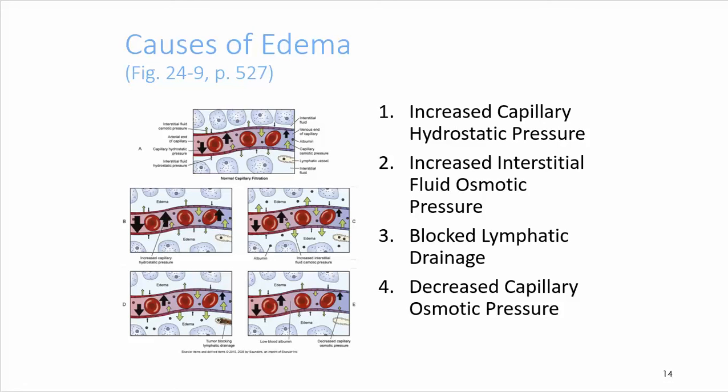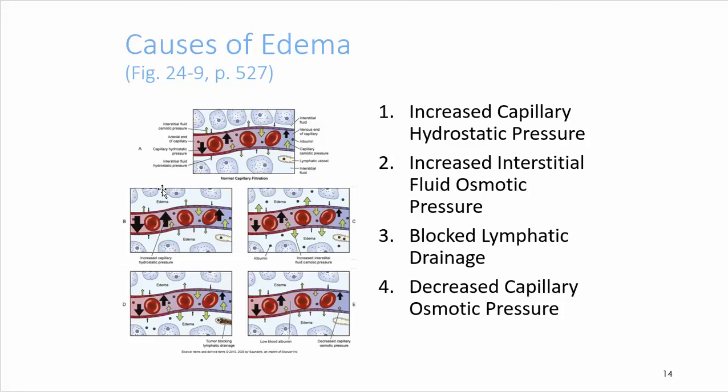In this figure, it shows the normal capillary filtration, the osmotic pressure in of 25, the hydrostatic pressure out of 35 at this end and 15 at that end, the interstitial osmotic pressure and the interstitial hydrostatic pressure. These are the four forces that balance and homeostasis is achieved.